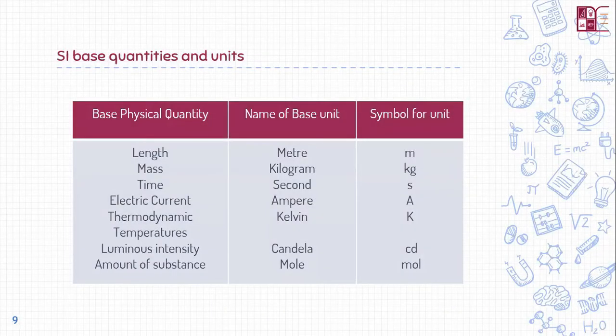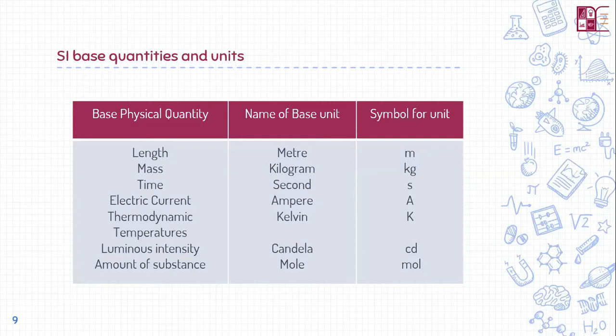The SI base quantities and units. Now, there are different base physical quantities, and they've got different names for it. And the symbols are very important because we're going to use them just the way they are. So for length, the name of the base unit is meter and the symbol is a small m. Now make sure you take great care of the lowercase and uppercase letters in all symbols, since they're going to remain the same.